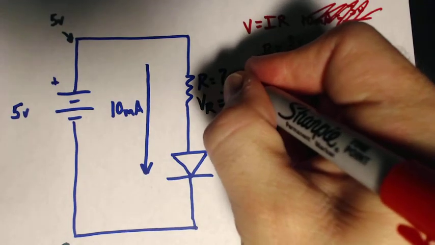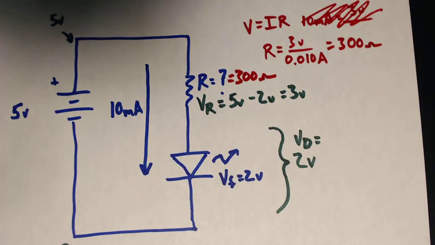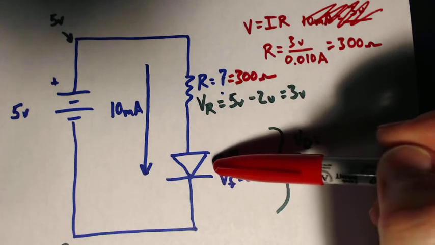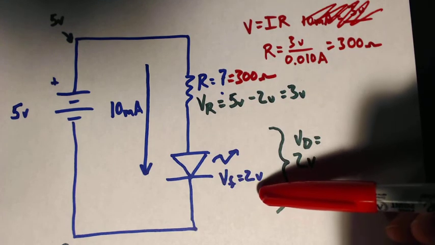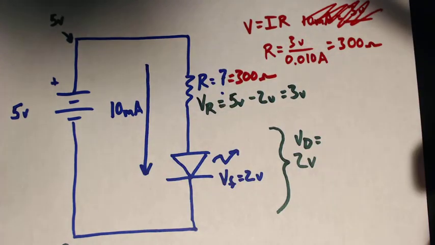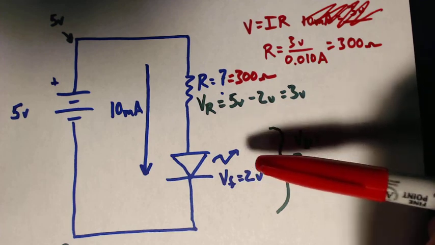Okay, so that's the answer. So with a 300 ohm resistor and an LED with a forward voltage drop of 2 volts and a desired current of 10 milliamps, we have an LED that is safely producing light and working.